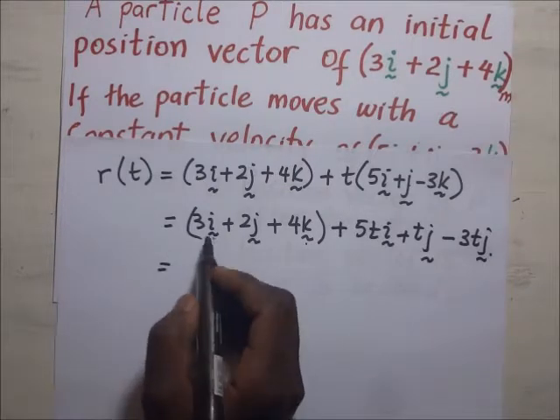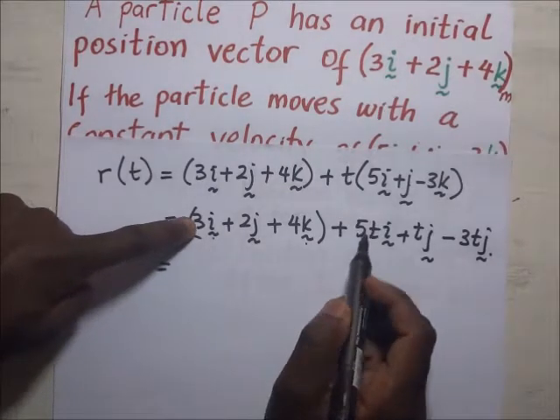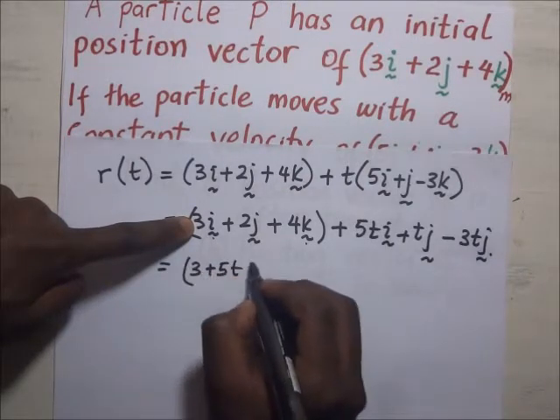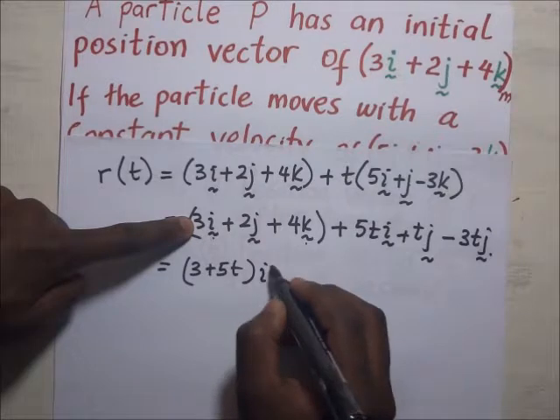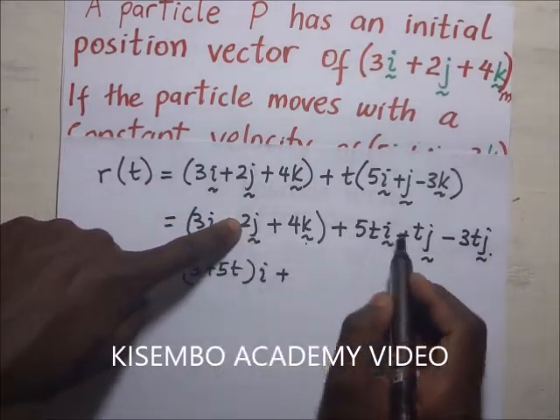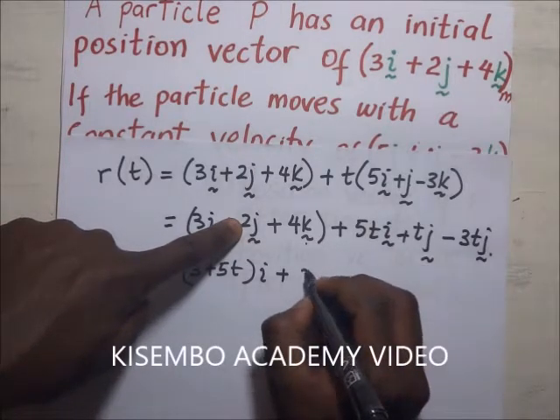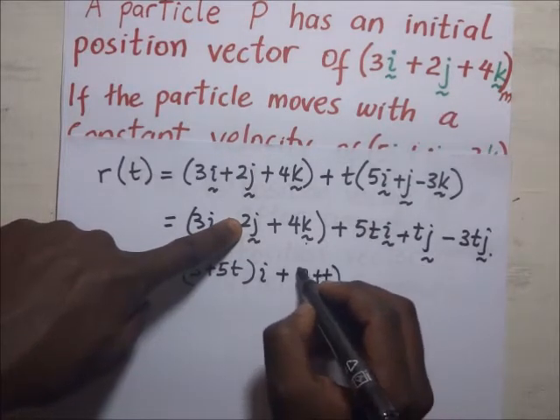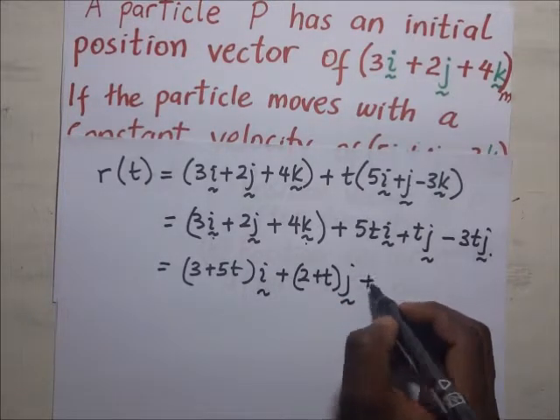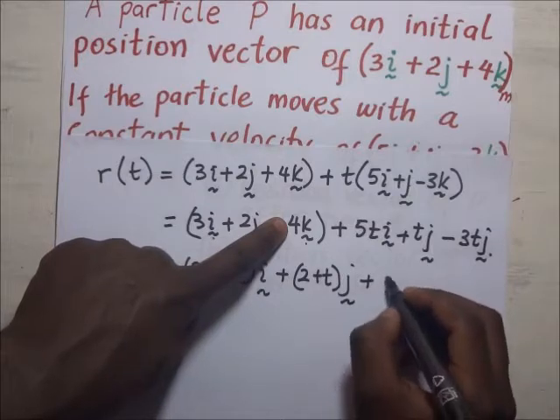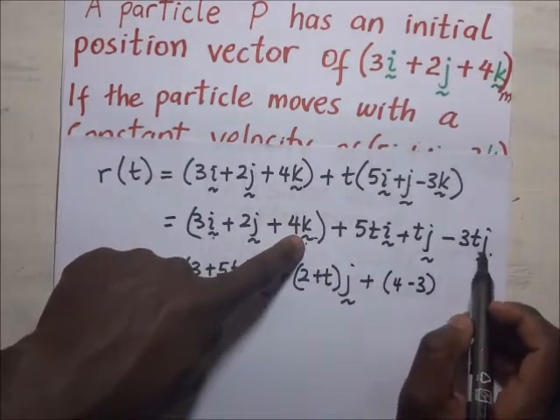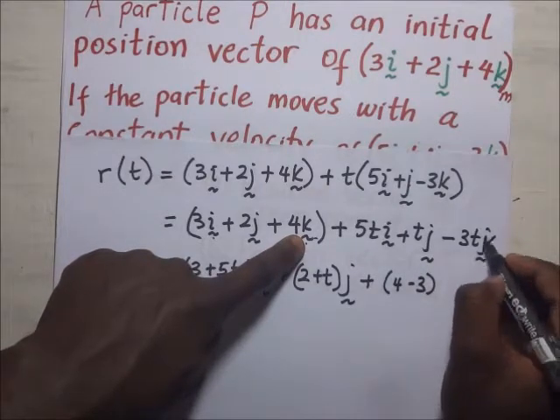And in this case it's going to become 3 plus 5t, these are the i's, then plus this is 2j and this is t, so it is 2 plus t, and this is in j, then also plus 4 minus 3t, that is k.